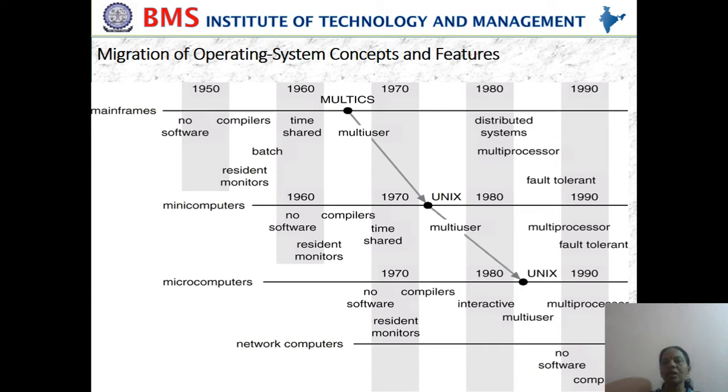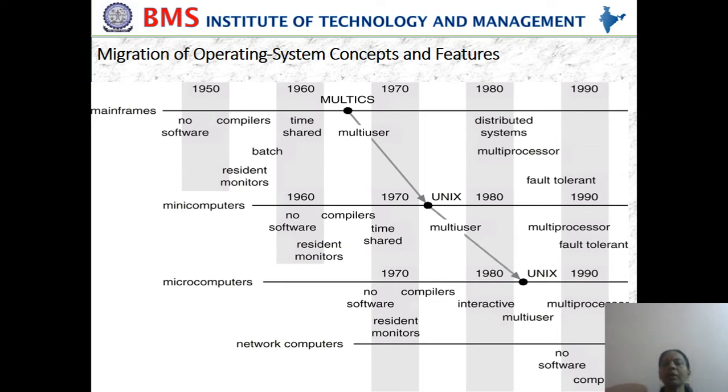And time sharing, what we are saying, time sharing was a feature introduced in 1960. Still there was no software, and only resident monitors were there in the 1960s. Later on, multi-user systems also started in 1965, between 1960 and 1970. Then many people started using computers, in mainframes also.